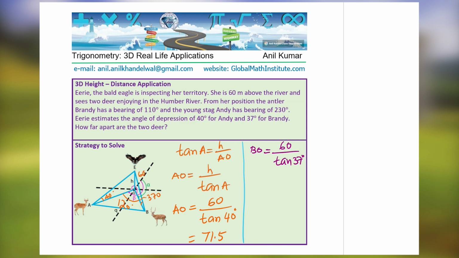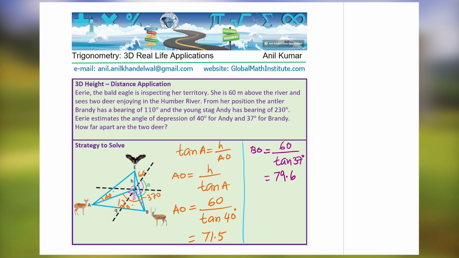So using the same logic that tan B is equal to height over BO, we can cross multiply and find what the length BO should be. Using the calculator, we will get what? 60 divided by tan of 37, and that is equal to 79.6.